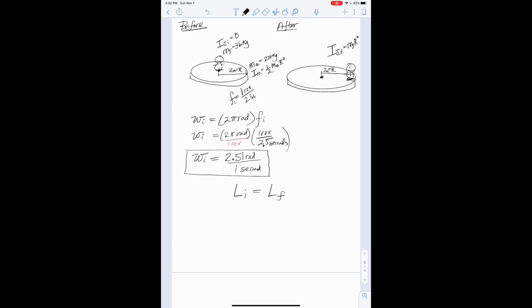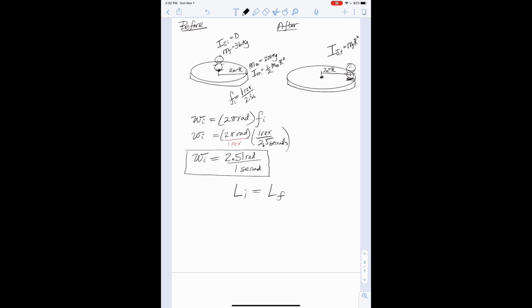Which is that the angular momentum of Joey plus the angular momentum of the merry-go-round initial is equal to the angular momentum of Joey plus the angular momentum of the merry-go-round final.